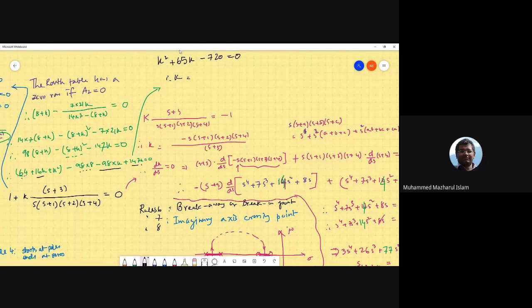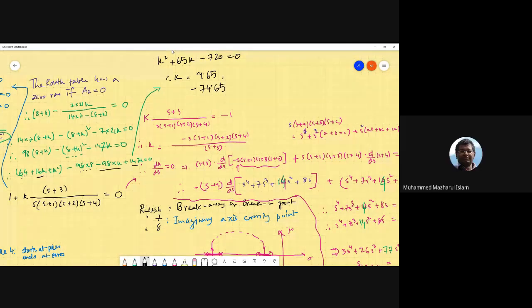I can't hear you at all. Did you find out the solution for k? If you find that the k value is positive, yes. One comes to 9.65, okay, another comes to minus 74.65.